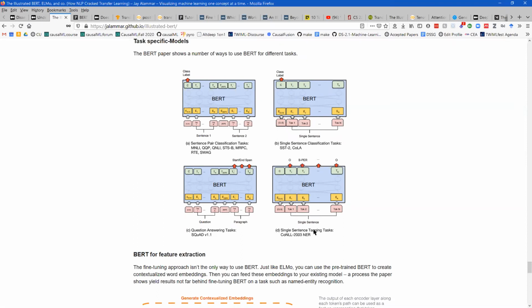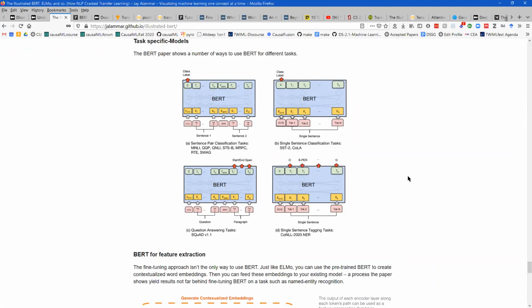And this is like named entity recognition, I guess, where you're trying to put a tag on each word as to what kind of word it is. Is it a proper name, or is it a number or something like that? So these are the four types of tasks that they use BERT for.